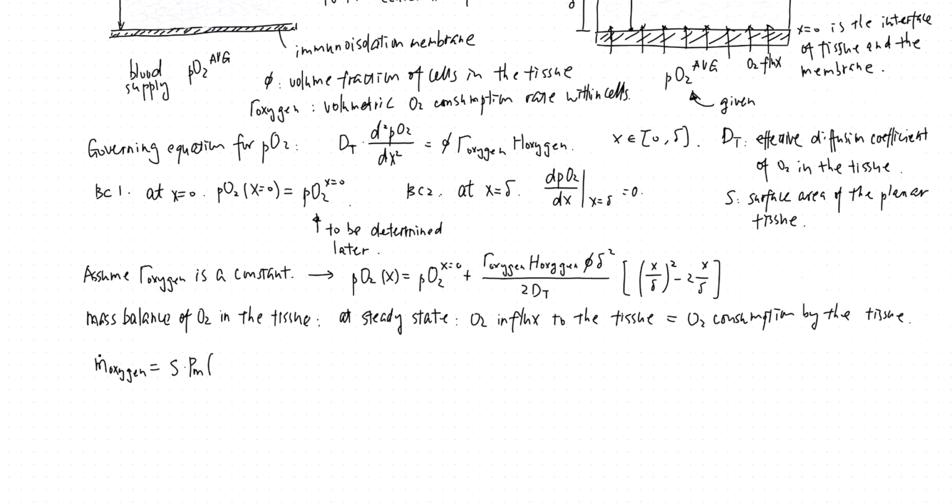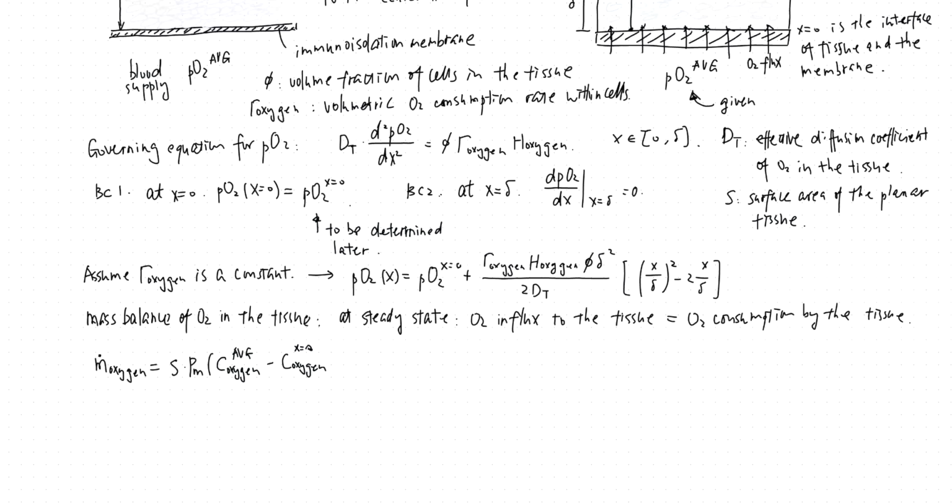So you have, it should be the concentration difference. So then C oxygen at average minus C oxygen at x equal to 0.